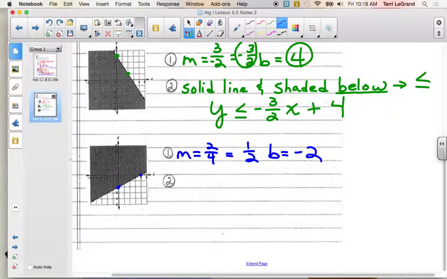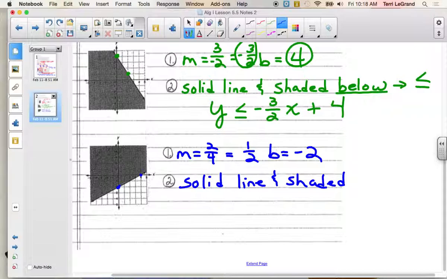Anybody agree with me that the slope of this line is 1/2? The y-intercept is -2? Yeah, okay. Do we have a solid or a dashed line? Solid, which tells us what again? Equal to, so we have a solid line, and it is shaded where, above or below?